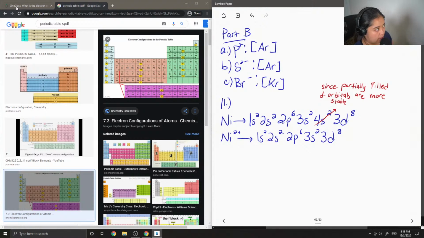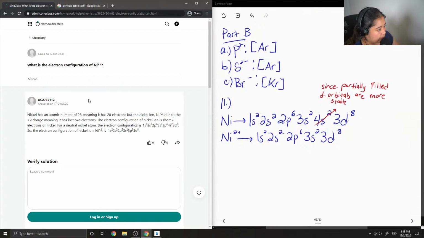Okay, so let's see what the junior tutor said. Nickel has an atomic number of 28, meaning it has 28 electrons. But the nickel ion, Ni plus 2, due to the plus 2 charge, has lost 2 electrons. The electron configuration of nickel ion is short 2 electrons of nickel.